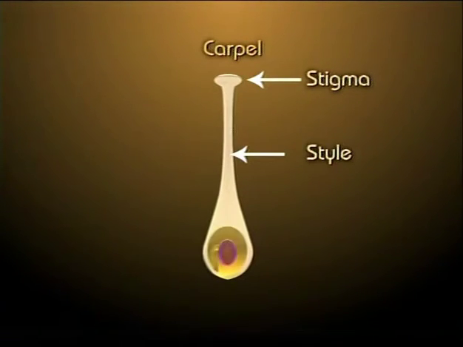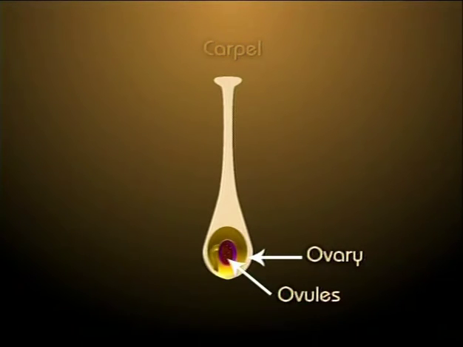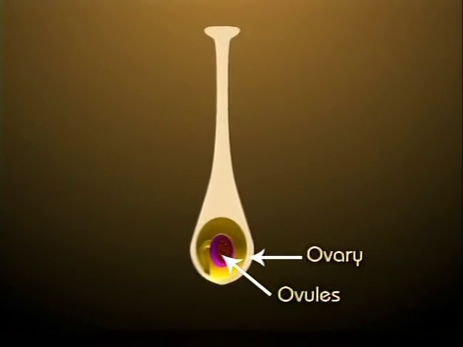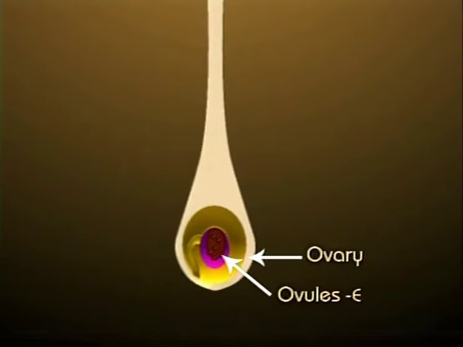The style is a long tube which connects the stigma to the ovary. Ovary is a flask-shaped structure which consists of several ovules inside it. It not only produces them but stores many ovules inside it. Each ovule produces a female gamete. This female gamete is called as egg or ova.